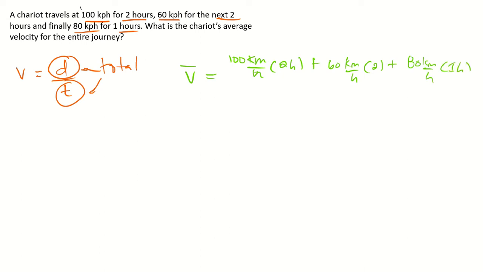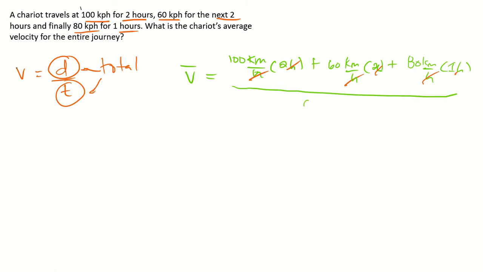If we do this computation, what we get is the distance. So it's going to be the distance. There's an h there, sorry, so we cancel the h. What we get here is the total distance. Then again, we're going to divide it by the total time.